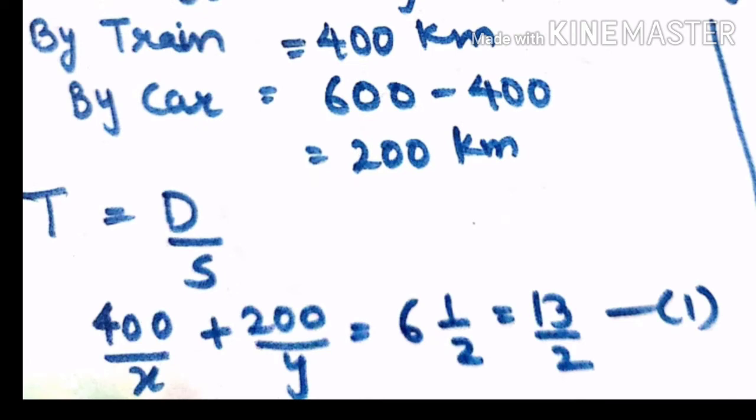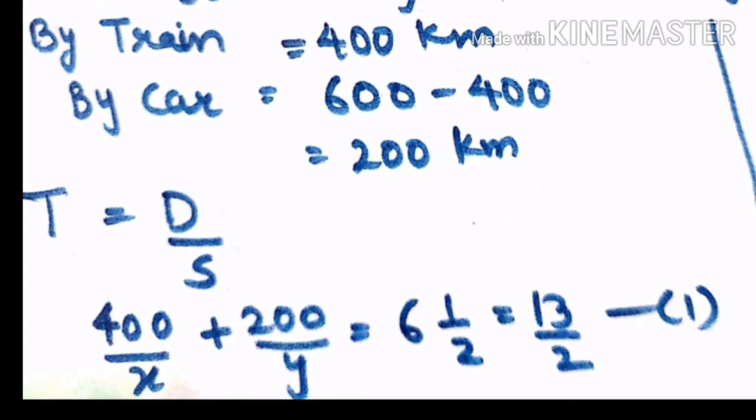Now we have to form our equation. For that, it is written that it takes him 6 hours and 30 minutes, so 6 hours and 30 minutes means 6 and a half hours. Here I used t is equal to d by s. Students, we have already seen that these are all questions on time, distance and speed.